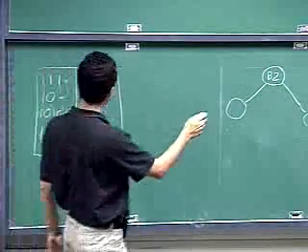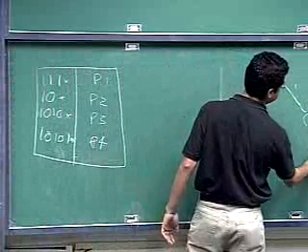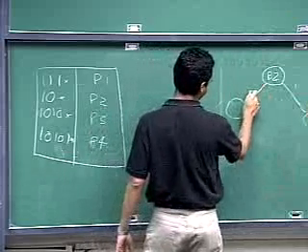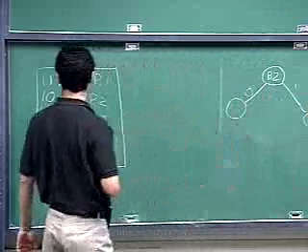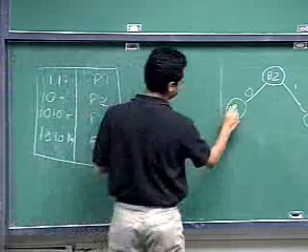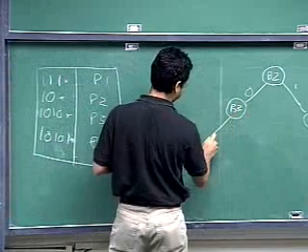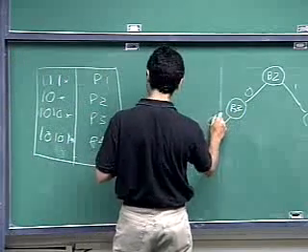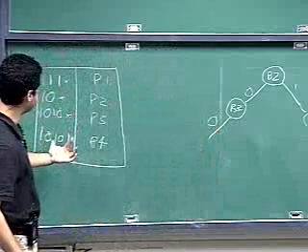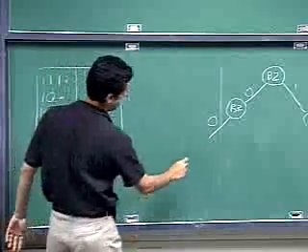And if this bit is 1, then you have the answer that P1 is going to be used. If it's 0, so you check bit 3. If it's 0, you have P2.